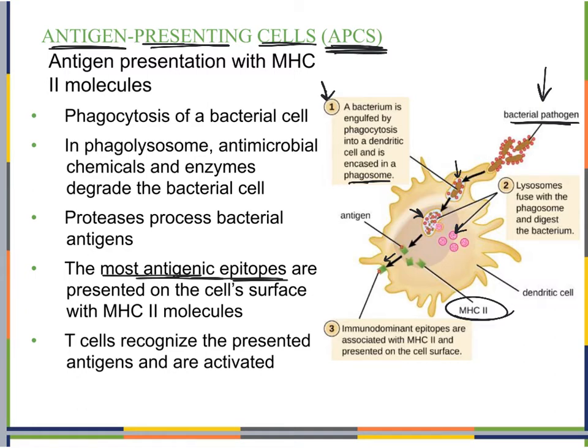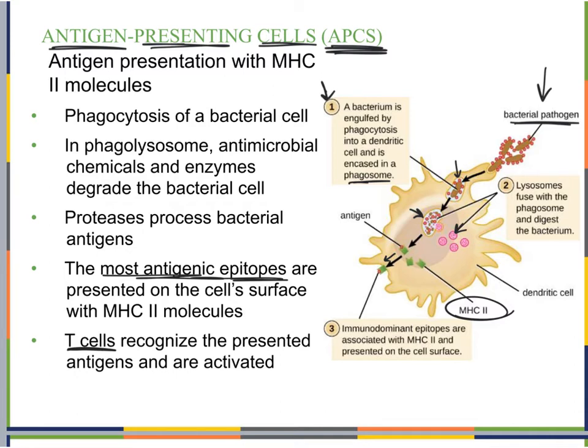So then this cell here, this phagocytic cell, the dendritic cell, has this MHC class 2 molecule embedded on the surface of its plasma membrane, and it also has a little tiny piece of the antigen, so it has an epitope on there. So the MHC class 2 molecule is presenting this antigen. This is an antigen presenting cell. They use the MHC class 2 protein to do this. Once this is done, then our T cells are able to recognize this presented antigen and then become activated due to it, which we're going to talk about later.